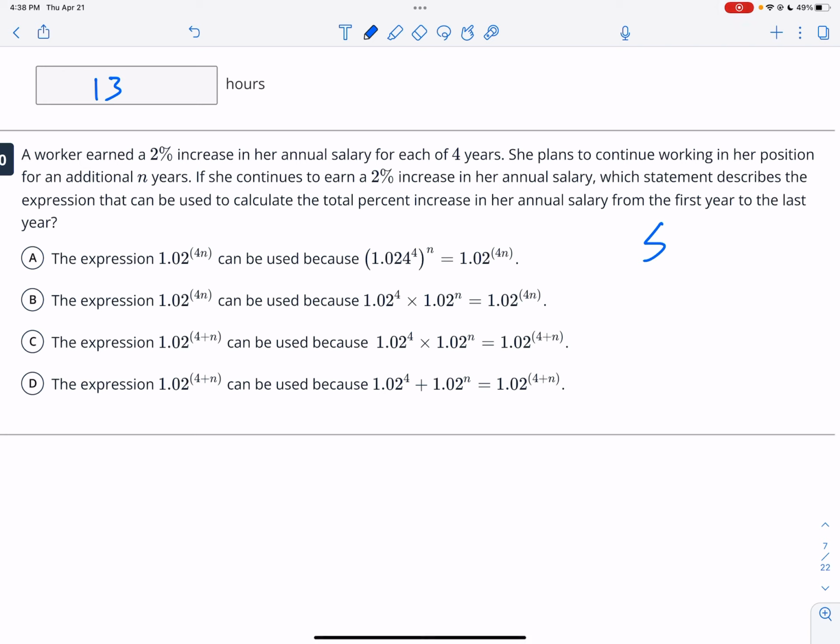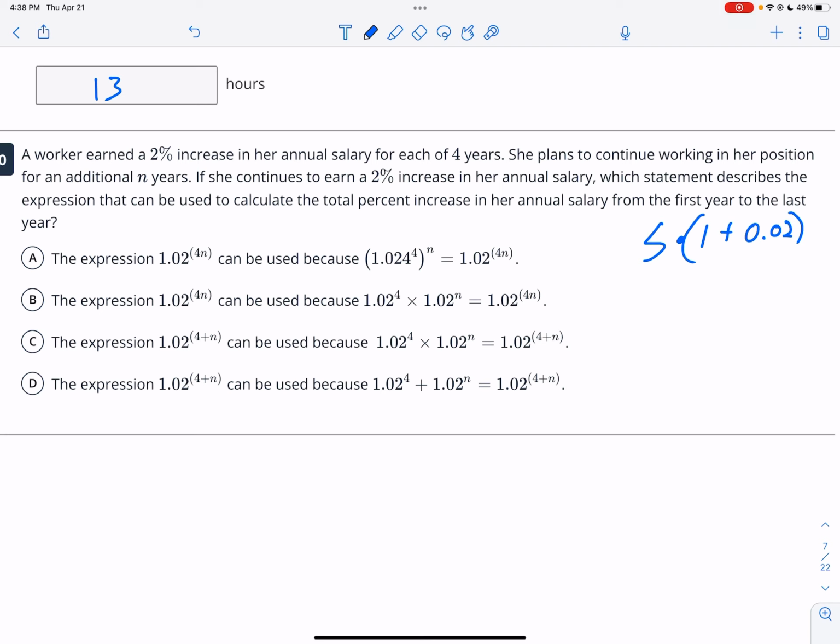And then the first year she's just earning her salary times 1. The second year, she's earning her salary times 1 plus an additional 2%. So 1 plus 0.02. Remember that is 2% plus an additional 2%, is what I meant to say.